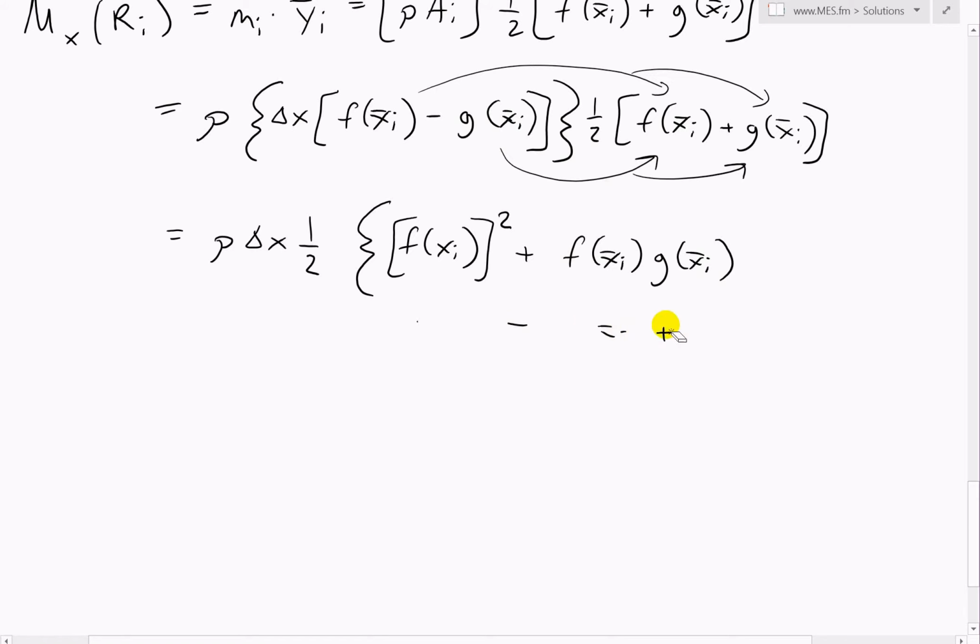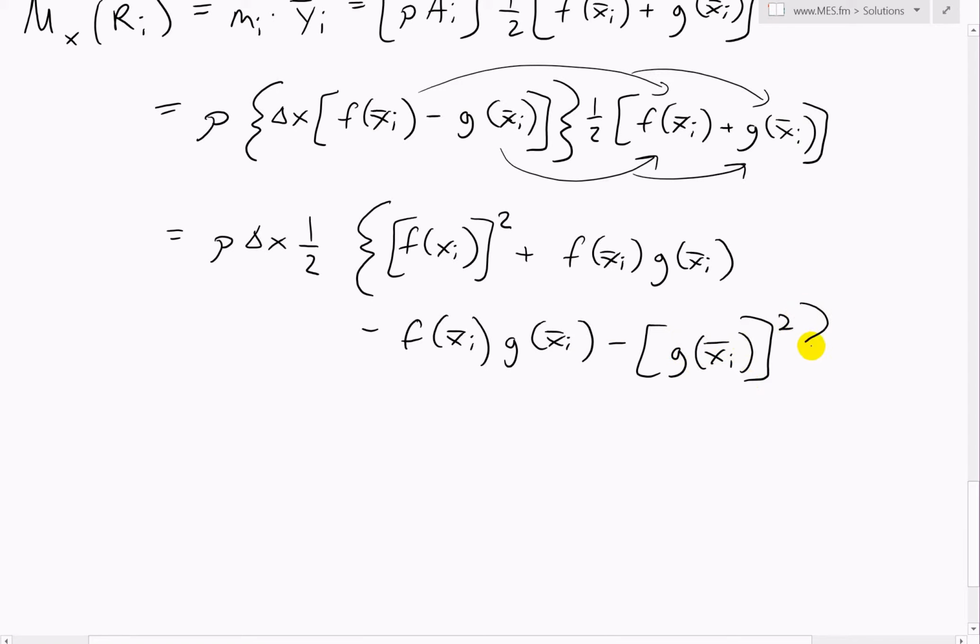I'll write the f of x i first because it's the exact same thing, and it's the conjugate of it, so that cancels. That's why this is the same thing but minus and a plus. That's the definition of conjugate. Last one, g of x i times g of x i again, so that's squared, and it's a minus. So we have g of x i squared, and then finally close bracket.